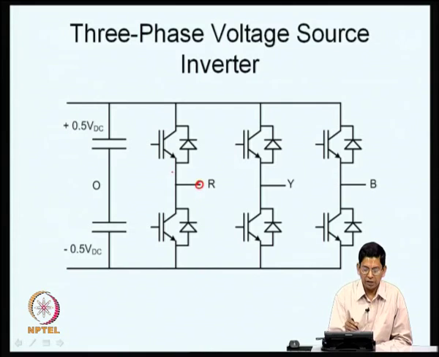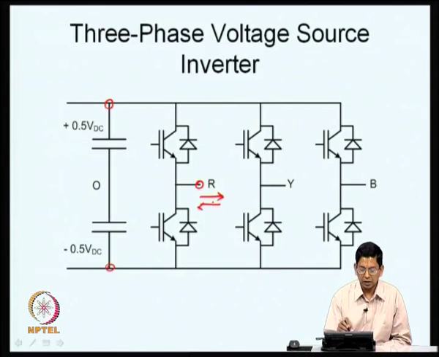At this pole, we can apply either this potential, which is plus 0.5 VDC or minus 0.5 VDC, by turning on either the top device or the bottom device, but not both. We can apply this potential irrespective of the direction of the current. The current can be flowing in this direction or in the opposite direction. Irrespective of the direction of the current flow, we can apply this voltage level now, right.